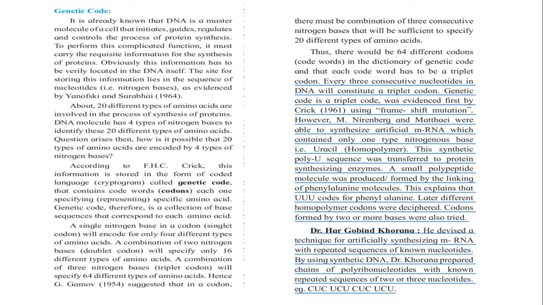Dr. Khorana prepared chains of polyribonucleotides with known repeated sequences of 2 or 3 nucleotides. Example is CUC, UCU, CUC, UCU.